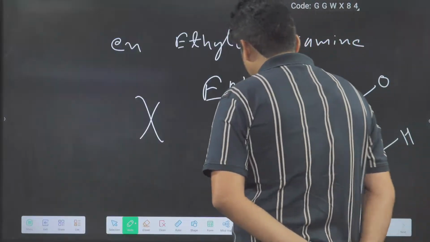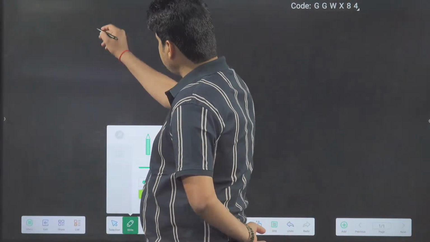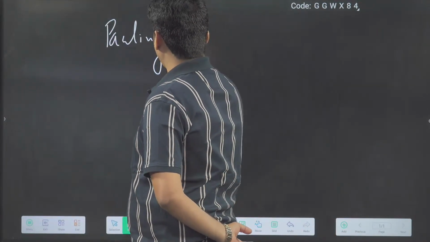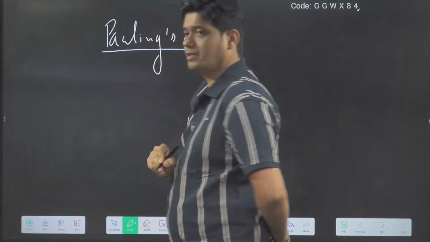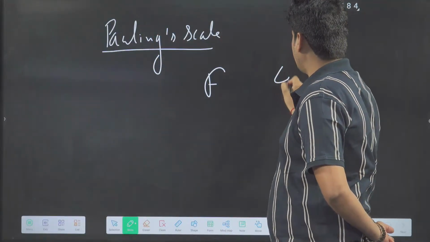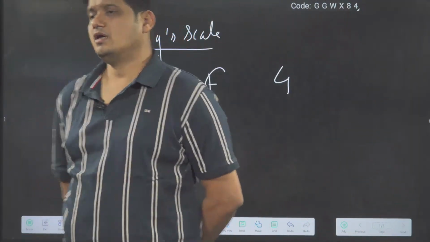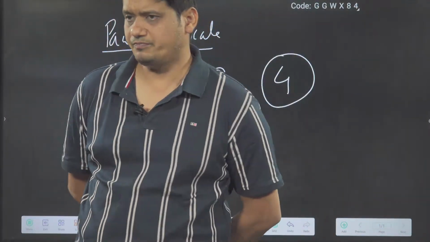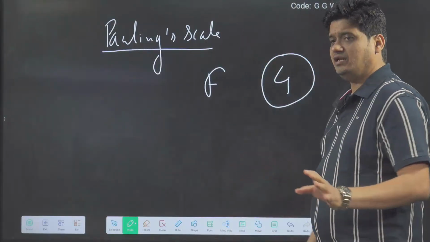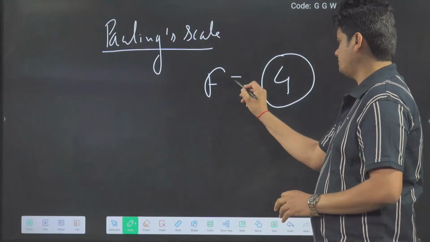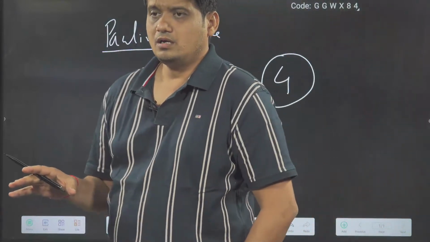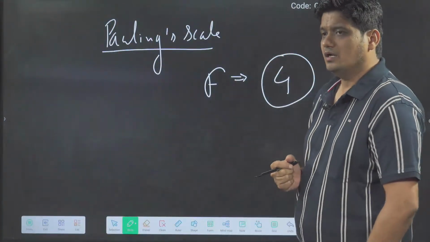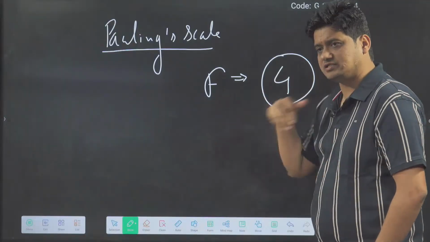Answer one more thing. In case of Pauling's scale, the En of fluorine we say is 4. Everyone knows that in Pauling's scale the electronegativity of fluorine is 4, given by the examiner.